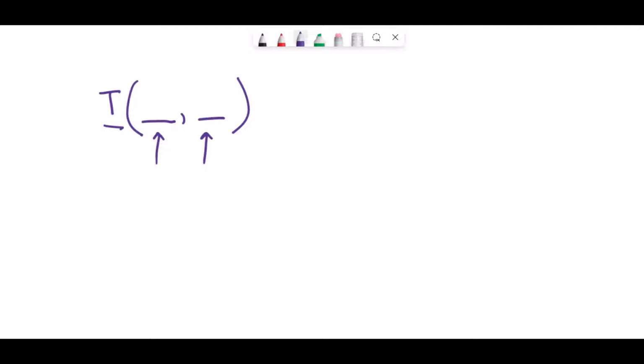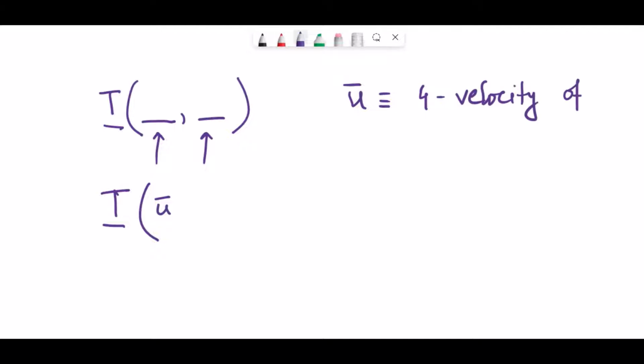So the first thing we will be plugging in here is the four-velocity of an observer. So I can plug it in here. U is a vector that denotes the four-velocity of an observer.